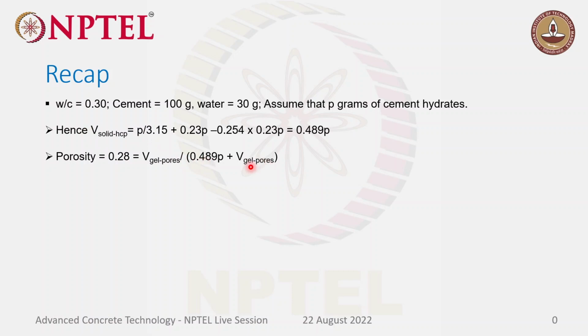From this, the equation is directly given, and sir has said how to solve equations 1 and 2, but I've just rewritten this equation as below. We take this denominator part to the left side, which gives 0.28 multiplied by 0.489p plus V gel water.